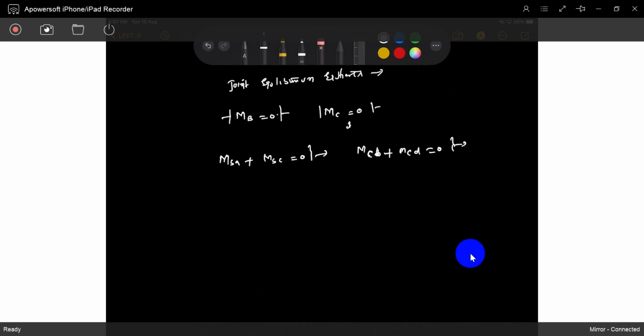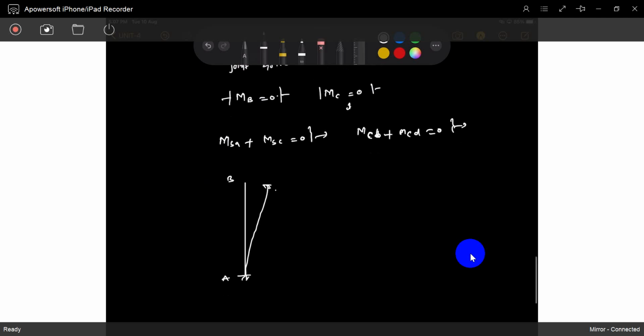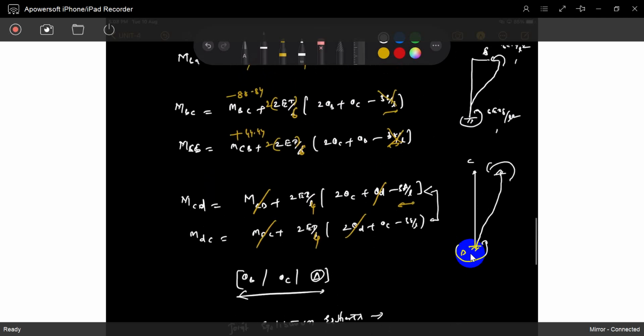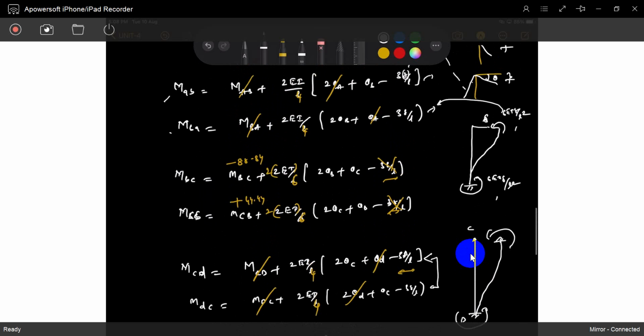See the free body diagram now. The free body diagram of A, B. You will observe it. In the final free body diagram, we have to take moments in clockwise directions, because everything we write is in a clockwise direction: MAB, MBC, everything in clockwise directions.